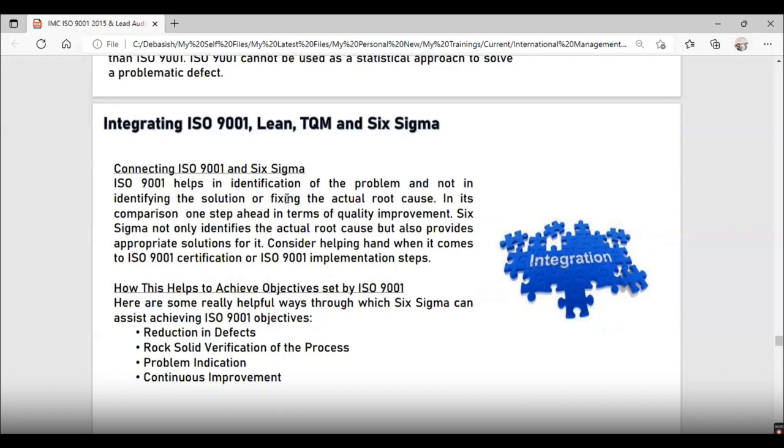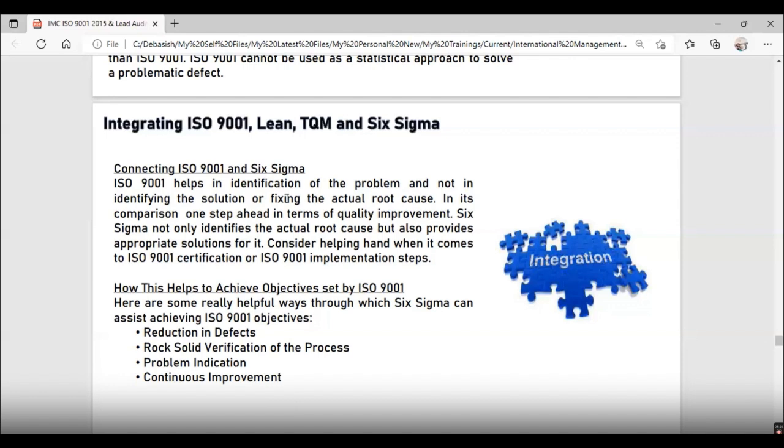So this is the major difference between ISO and Six Sigma, because Six Sigma uses statistical tools and techniques to improve the process and sustain it, and at the same time it uses many quality tools and techniques, and many management tools and techniques.